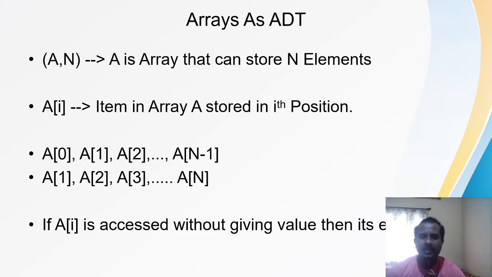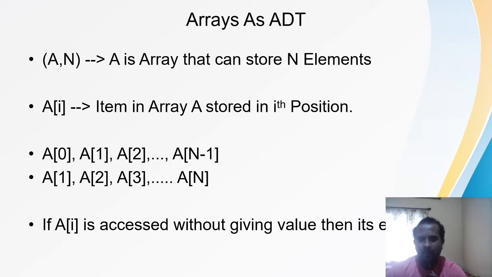Array as an ADT, that is abstract data type. What is ADT or abstract data type? Before that, let us see what is data type. Data type gives two things. One is it mentions the domain of that particular data.